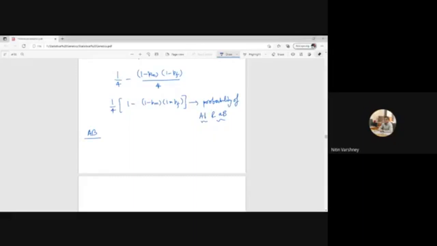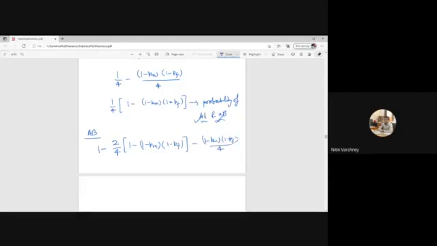So for AB, we will subtract from 1, and these types Ab and aB are 2 types. So we will multiply it with 2 by 4, 1 minus Pm and 1 minus Pf. And minus 1 minus Pm, 1 minus Pf divided by 4.